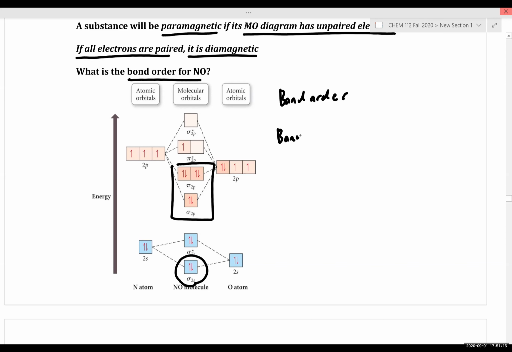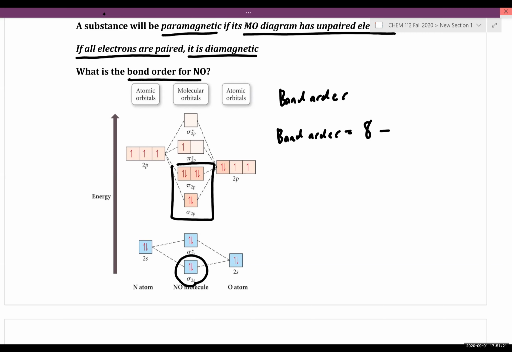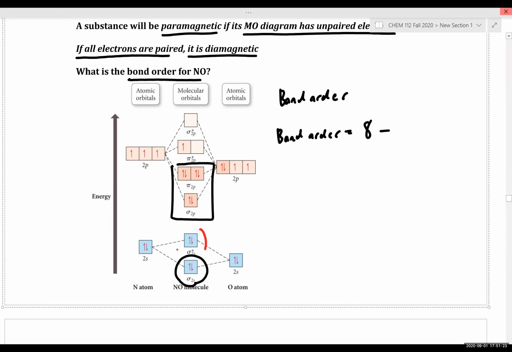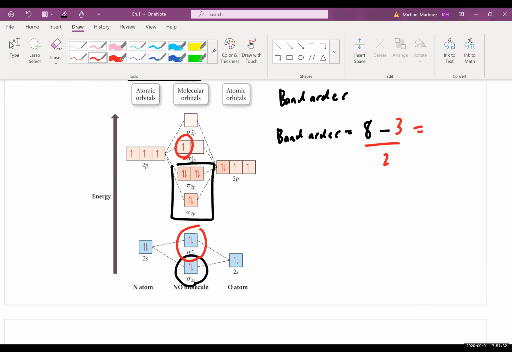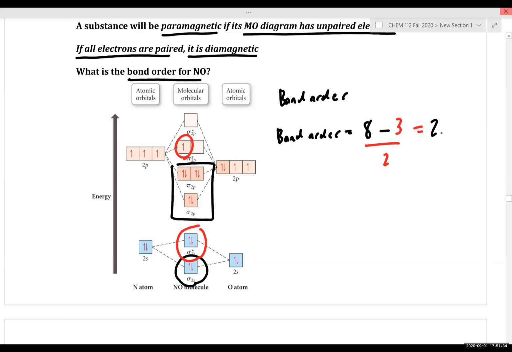So for our bond order, we have 8 bonding electrons, and then we subtract our anti-bonding electrons, which would be 3, divided by 2, and that in turn gives us a bond order of 2.5.